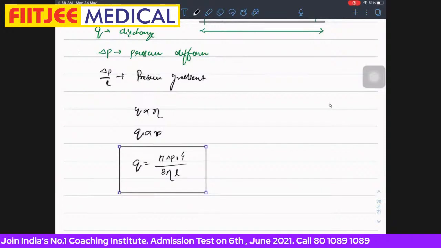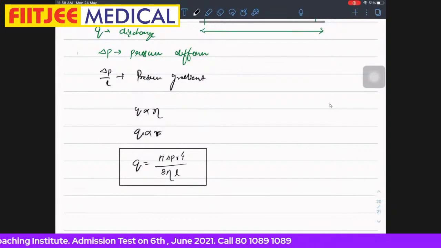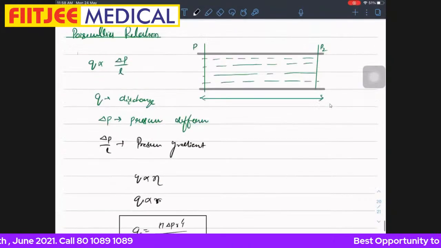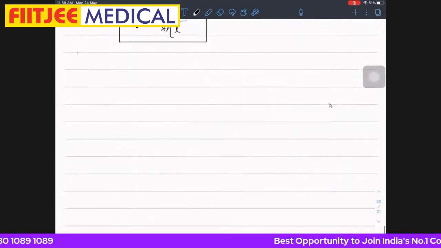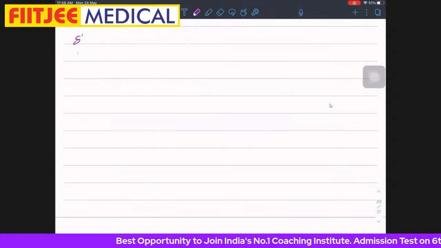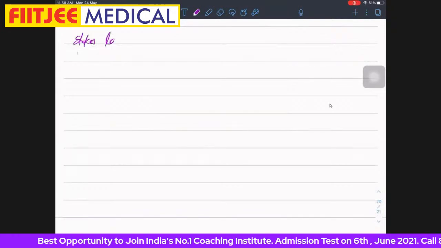It is applicable when the liquid is flowing through a tube and we have to calculate the discharge. After this, we have Stokes law. What is Stokes law?